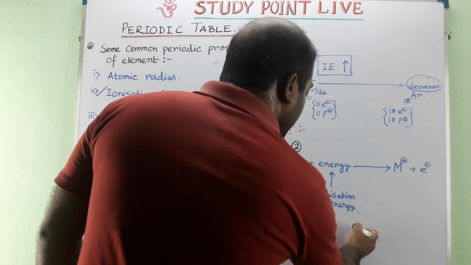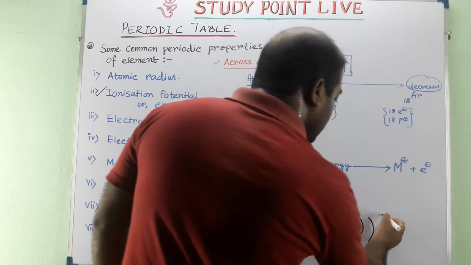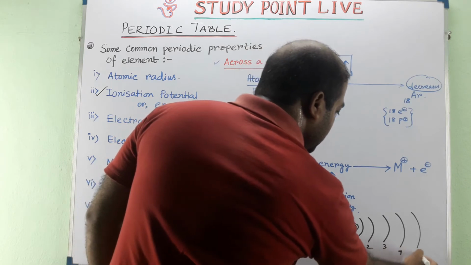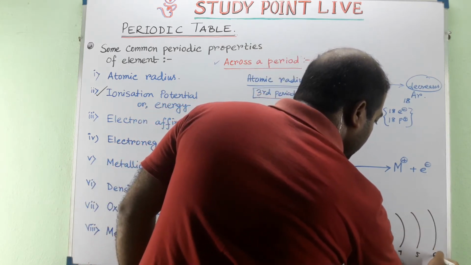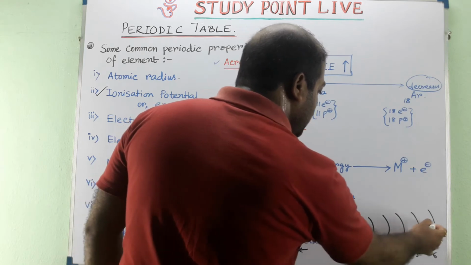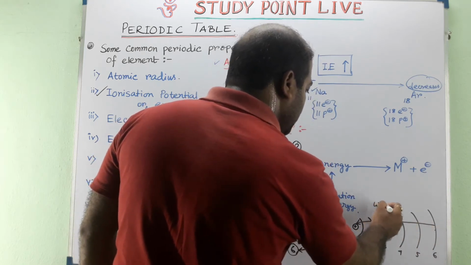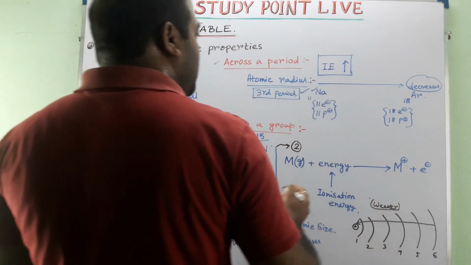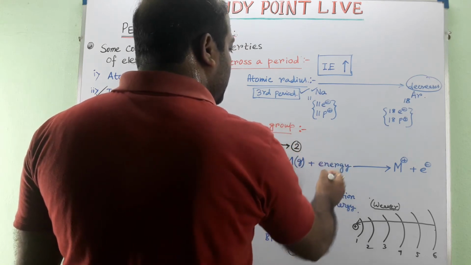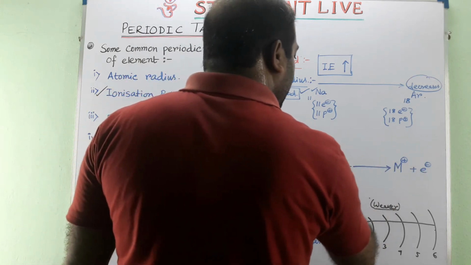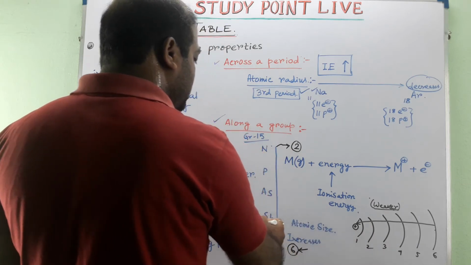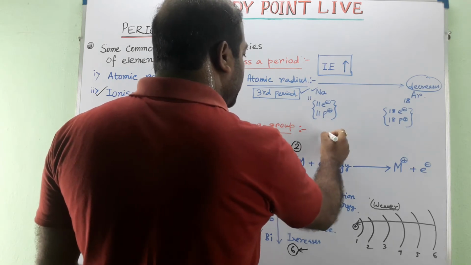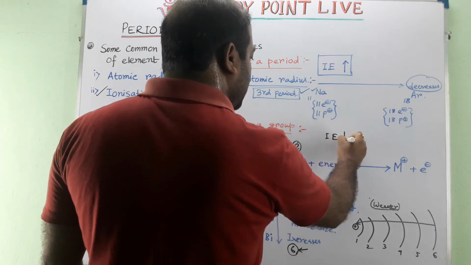That's why the nuclear attraction force between the nucleus and the electron present at the 6th orbit is very much weaker. That's why the minimum energy required to remove the loosely bound electron for bismuth is very low. So we conclude that along a group, ionization energy decreases.